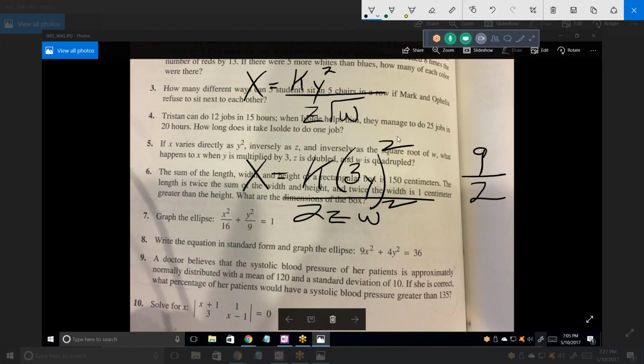Well, let's just plug in a number. Sometimes that's the best way to do it. If w is 4, then the square root of w is 2, right? Yes. And I'm dividing by the square root of w. So normally when w is 4, I'm dividing by 2 to get my answer x. Now w is quadrupled. 4 times 4 is 16.